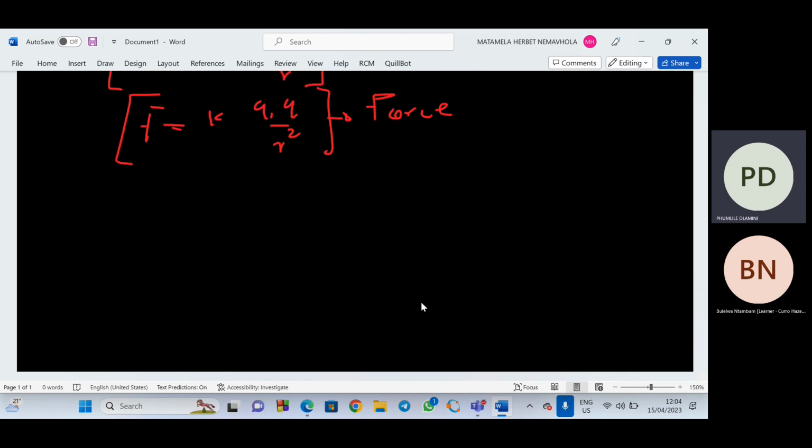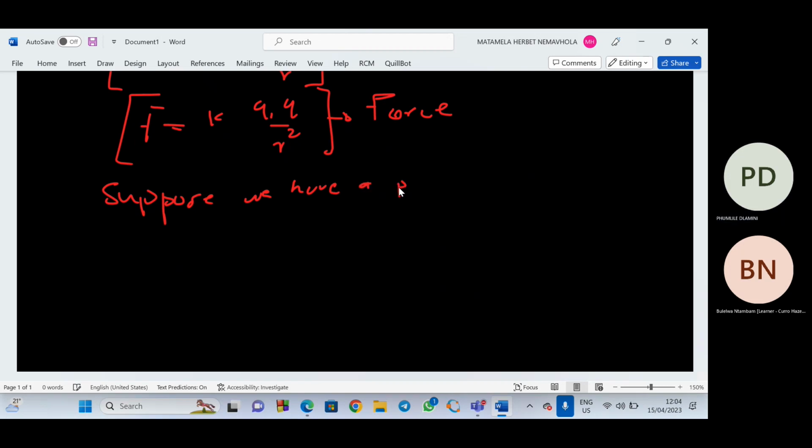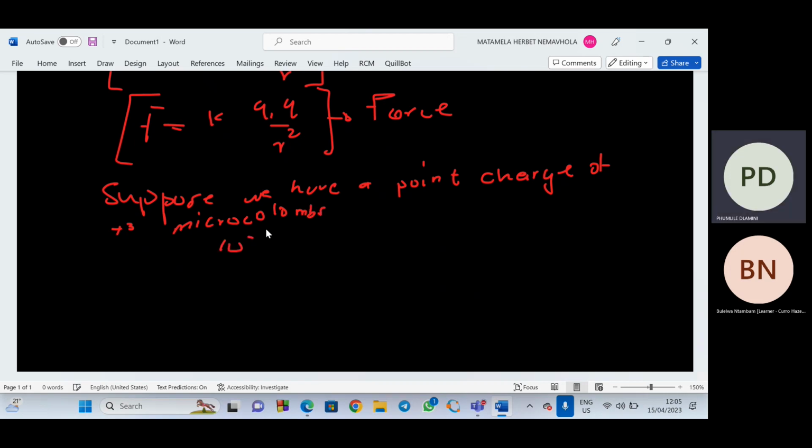Now I will do an example with you. With this equation, the question can say, suppose we have a point charge of +3 microcoulombs. Remember, micro means 10 to the power -6.